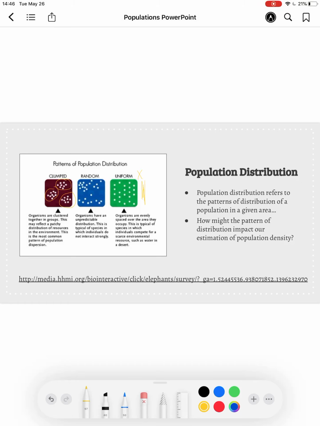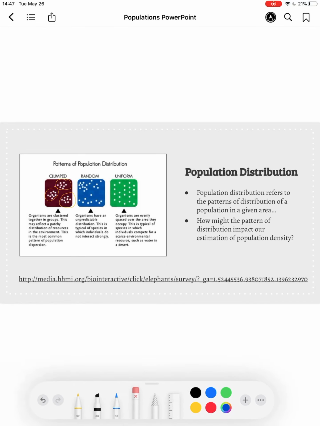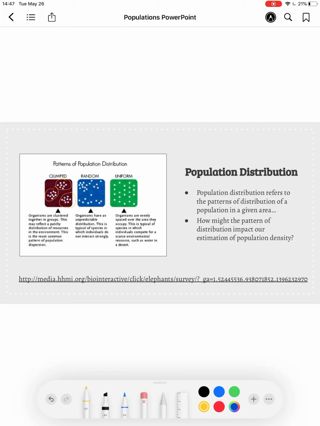It looks random, but it's likely that they're living wherever the trees are or wherever the food is, but they tend not to be in big clumps. When you look at clumped species, this could be wolves or something who live in packs. They live in groups, whereas with random, you can look outside and see two birds fly together. So it's definitely more for species that don't really need to interact too much. They might only live in a smaller group.